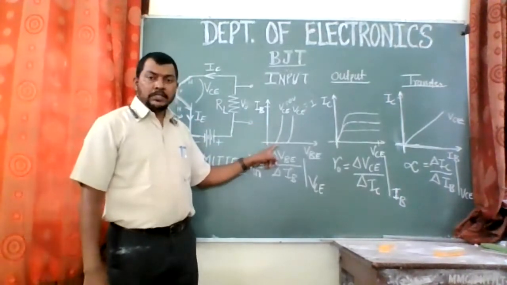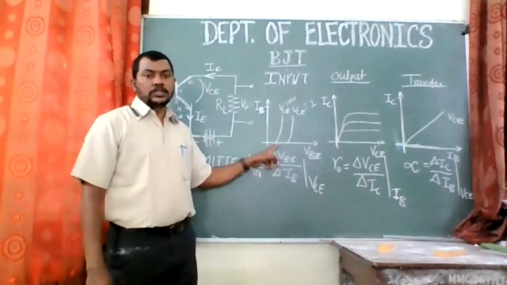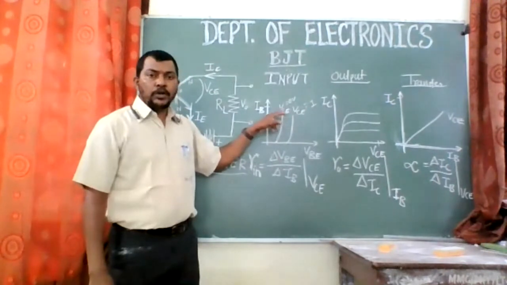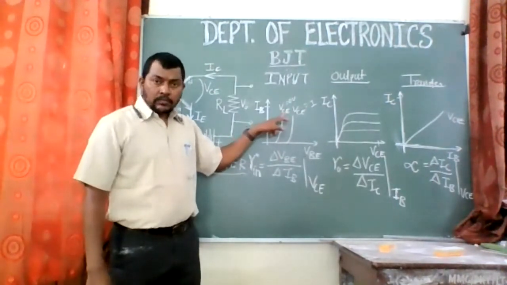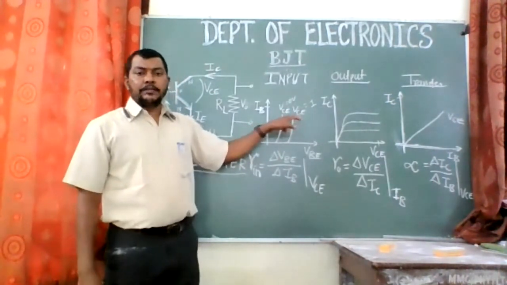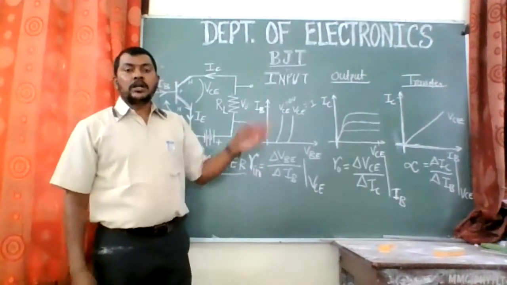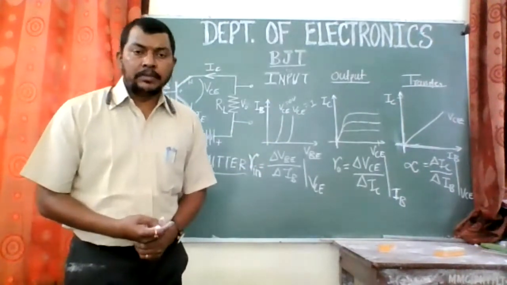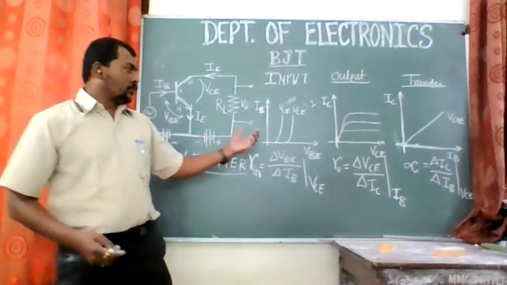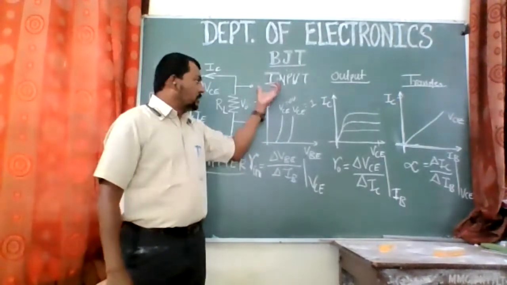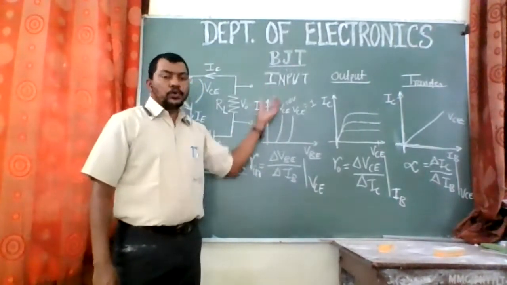And as you go on increasing the collector emitter voltage, the base current also increases. So this is what can be inferred from the input characteristics.